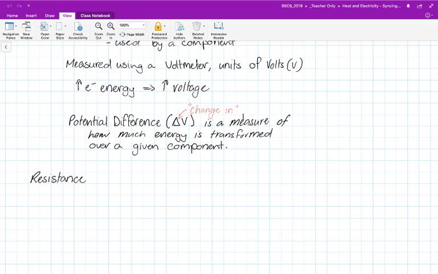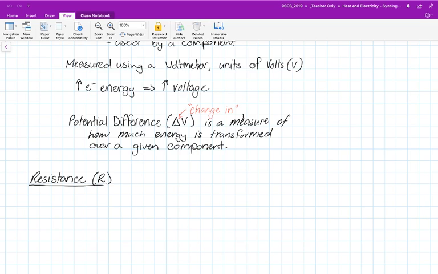We denote resistance with an R. Resistance is the result of the atoms within your wire or component of a circuit restricting the movement of your electrons, and it measures how difficult it is for the electric current to travel through a component.